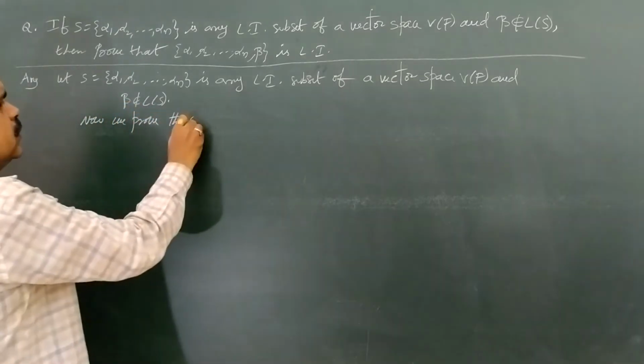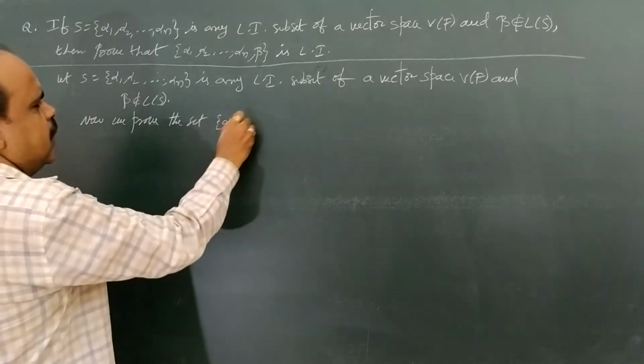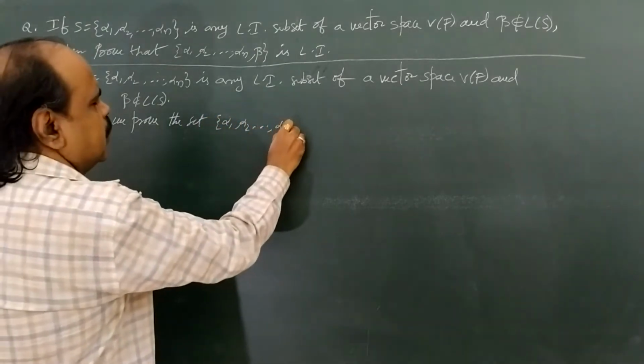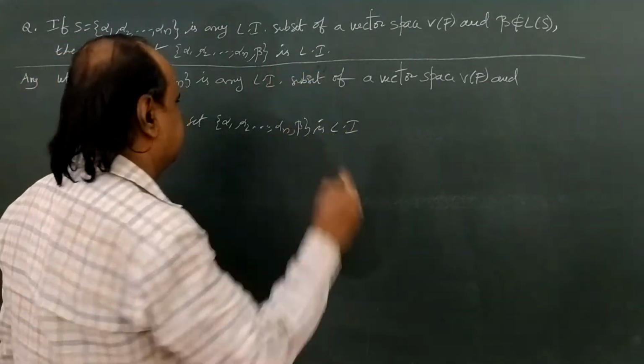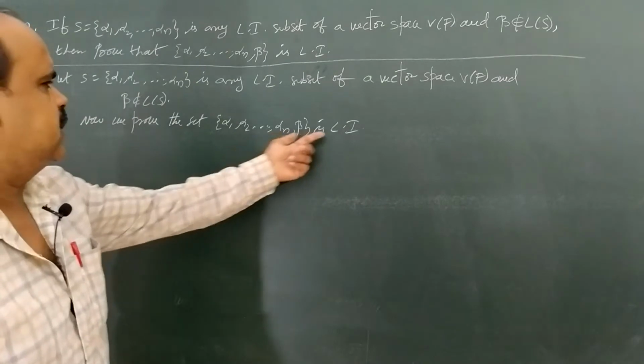Now we prove the set alpha 1, alpha 2 and so on alpha n, comma beta is linearly independent. Now we are going to prove this set is linearly independent.